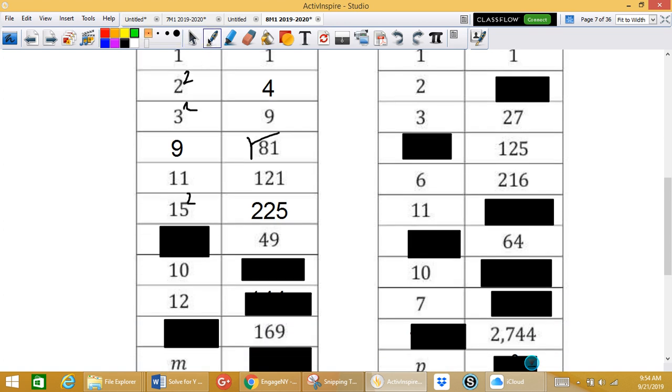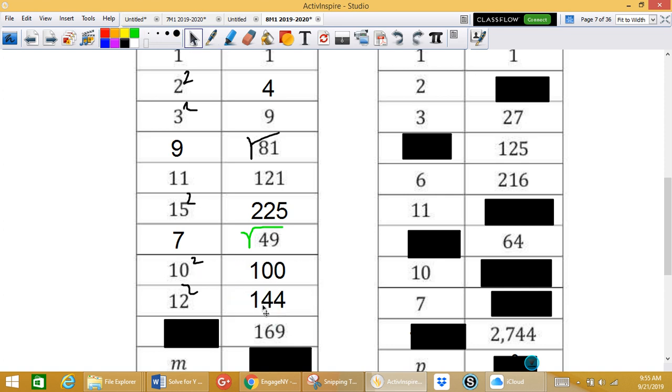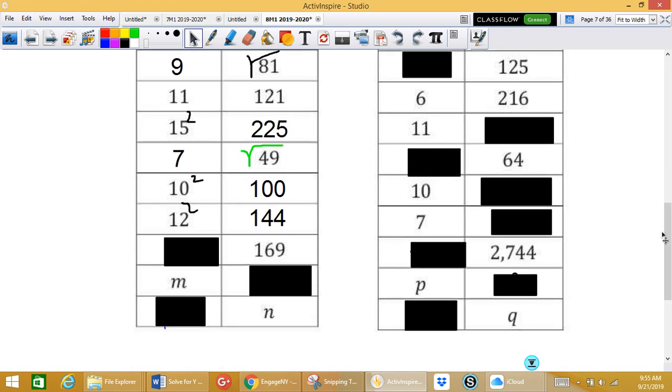Then we'll have to do the square root of 49 to get 7. 10 squared is 100. 12 squared is 144. The square root of 169 is 13.